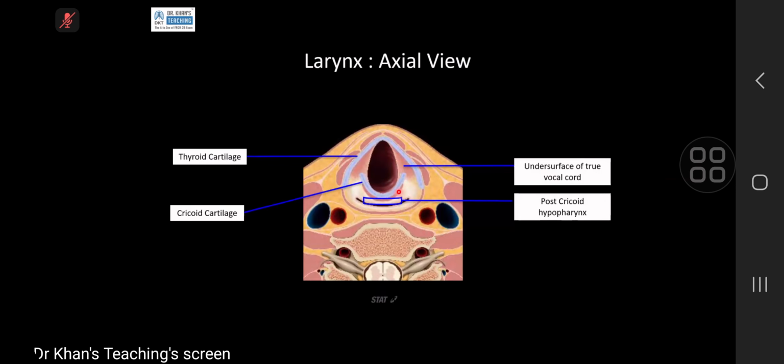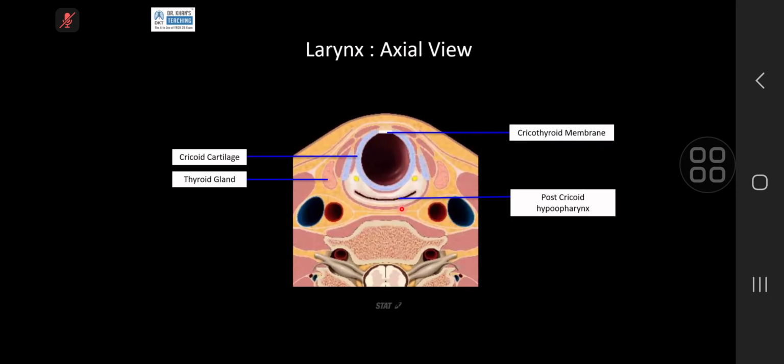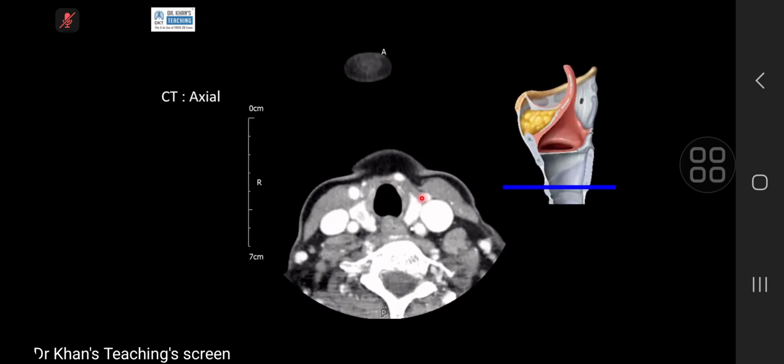Just inferior to the boat shape comes the cricoid cartilage, and this is posterior. Look at the airway, it becomes bigger and it becomes rounded. This is the cricoid cartilage, and then ultimately we reach the thyroid gland, which is here.